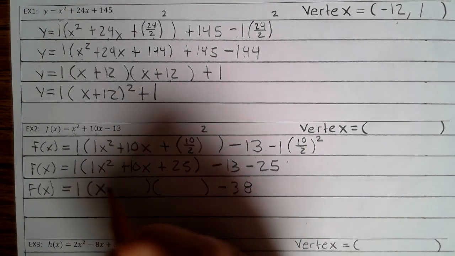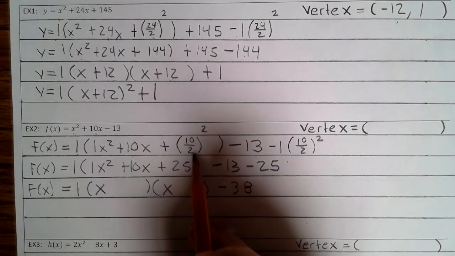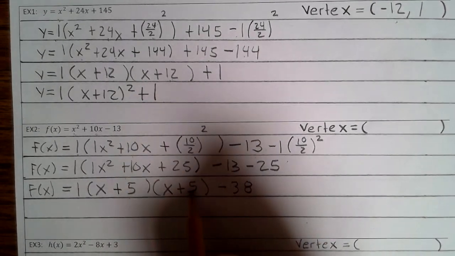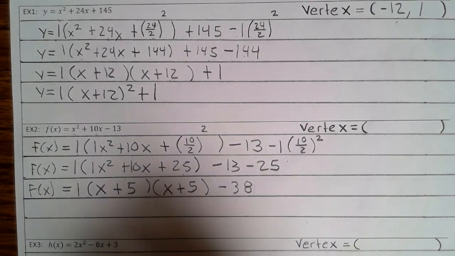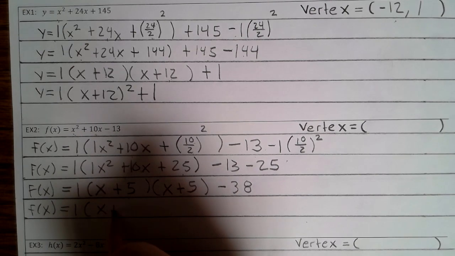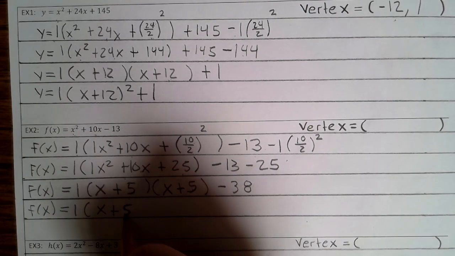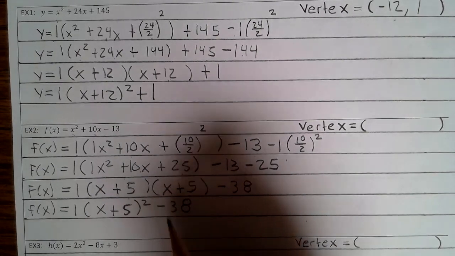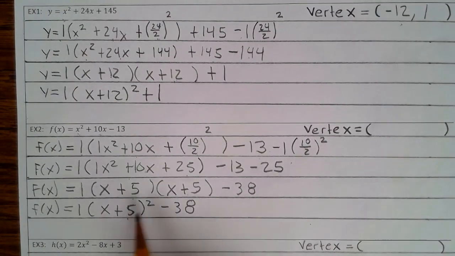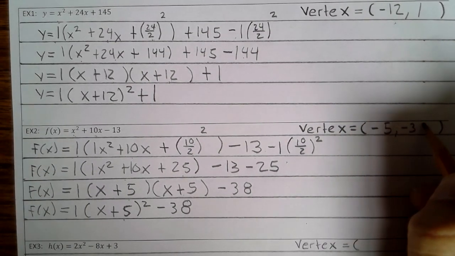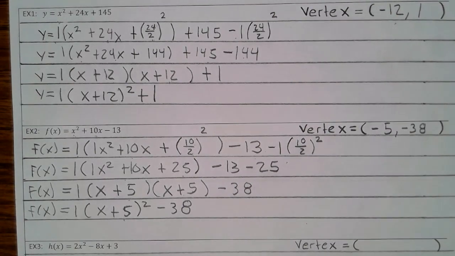So then that's x, and we already found the factor because 10 divided by 2 is 5. And we know it works because 5 plus 5 is 10. 5 times 5 is 25. So then this is f of x equals 1 parentheses x plus 5 squared minus 38. And in order for that to be positive, h has to be negative. So your vertex is negative 5, negative 38. Okay, go ahead and finish example 2.